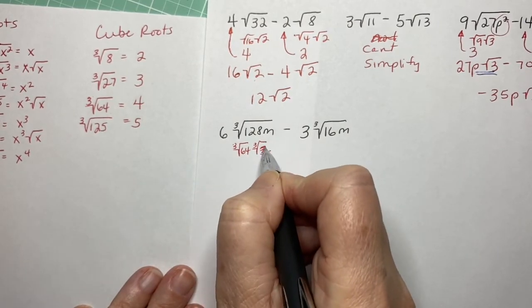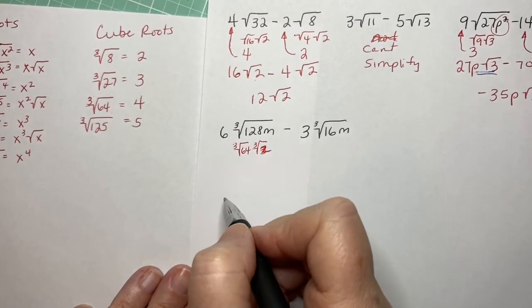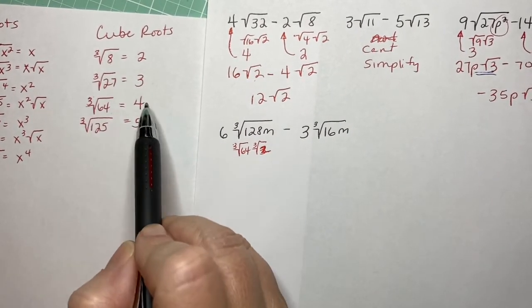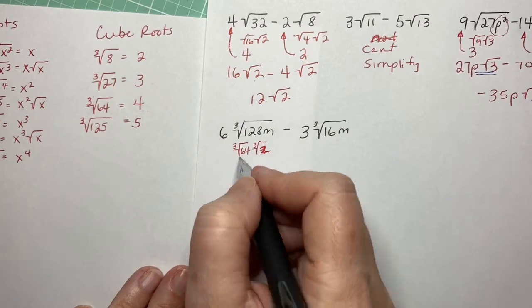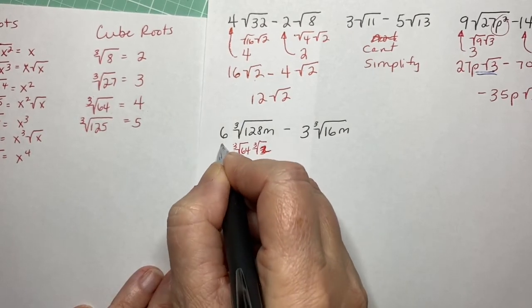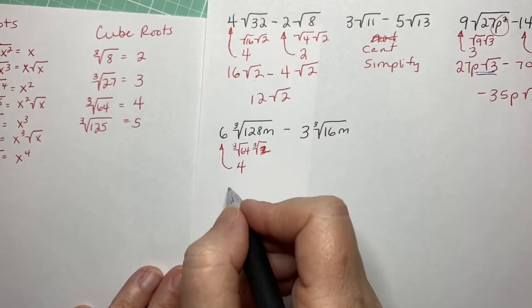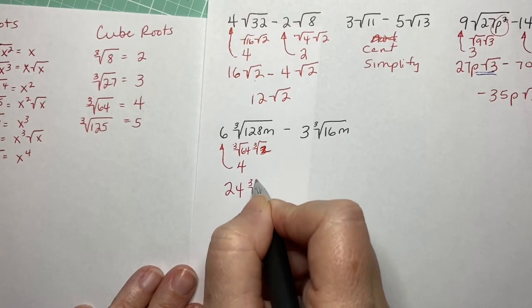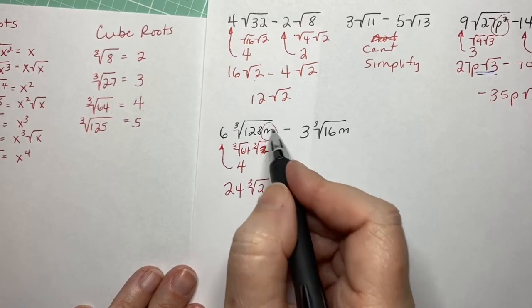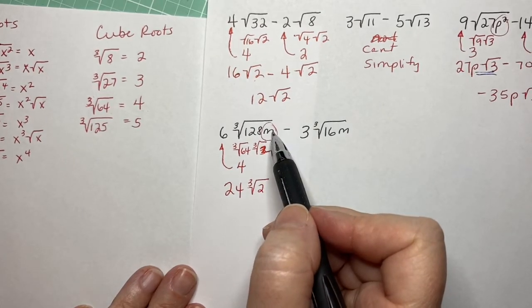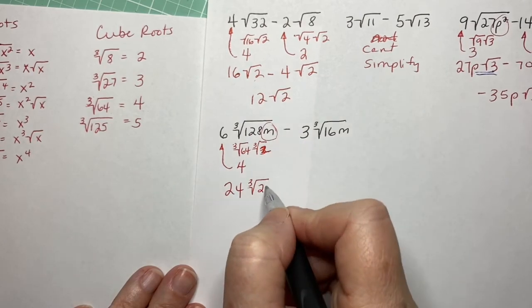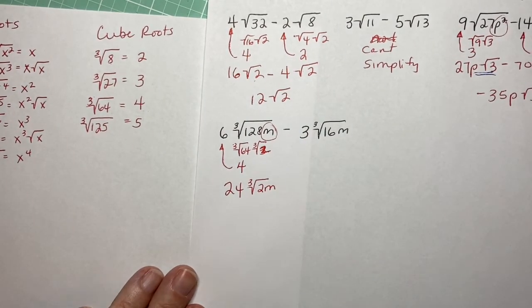The cube root of 2, because 2 times 64 is 128. We know the cube root of 64 is equal to a regular 4, so this becomes a 4. It multiplies by that 6, so 4 times 6 is 24, and we have left the cube root of 2. And then we also have this letter here. There's only one m inside the house, and we need them to come out in groups of 3, so nothing can come out there, so that will just stay in.